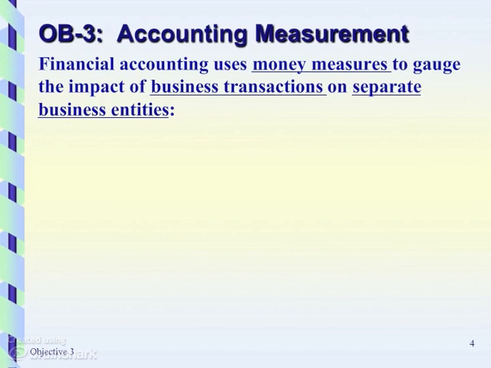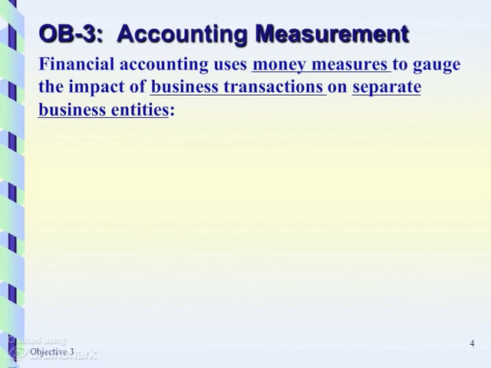Financial accounting uses money measures to gauge the impact of business transactions on separate business entities. What do I mean by money measures? Well, we generally speak in terms of some sort of financial measurement in whatever currencies we need to work in.